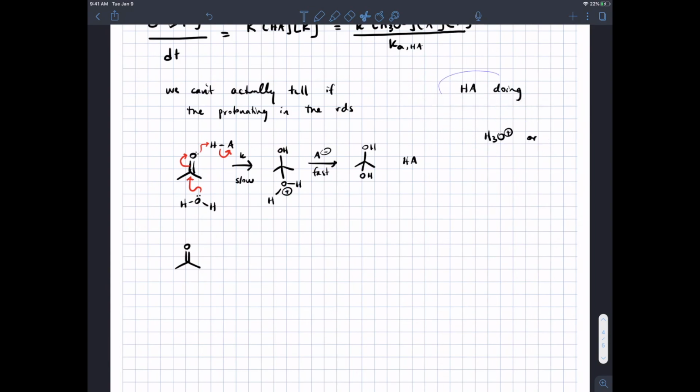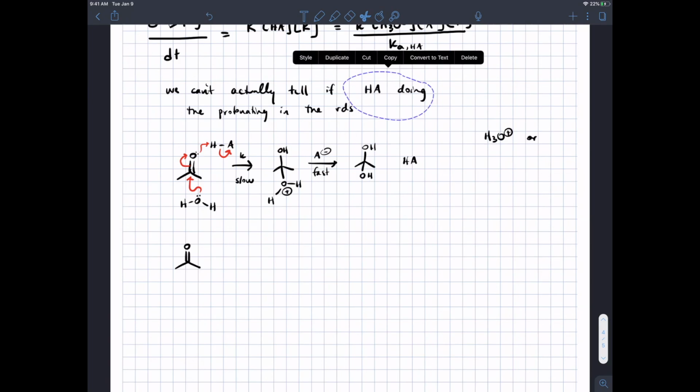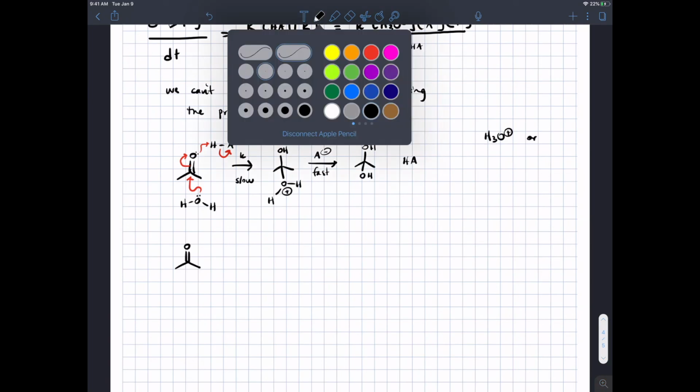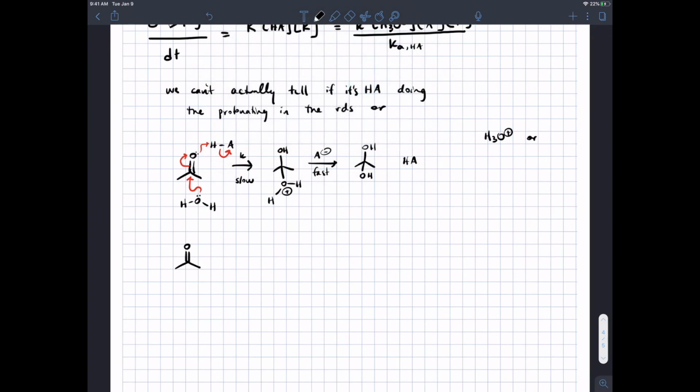You can't tell if it's HA doing the protonating in the rate determining step or H3O+ protonating and A- deprotonating in the same step.